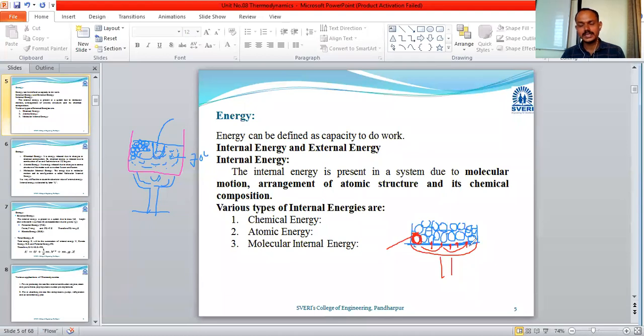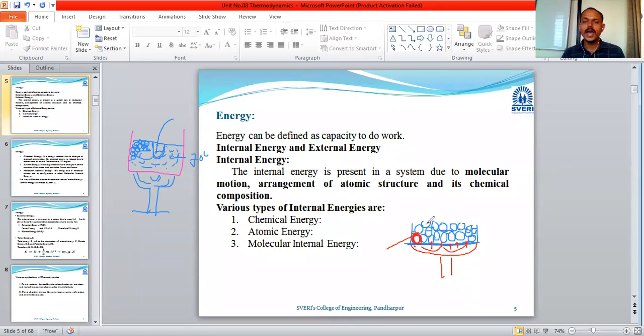So the first thing is that the molecules at the bottom will take energy, or this energy is added to the molecules at the bottom. Am I correct?